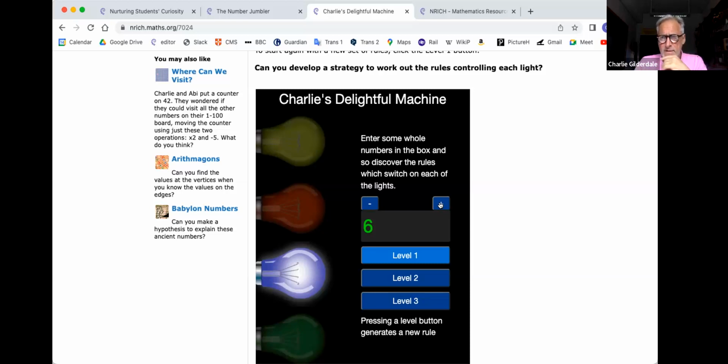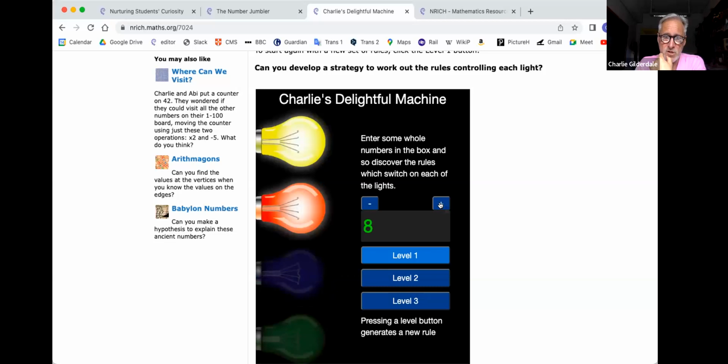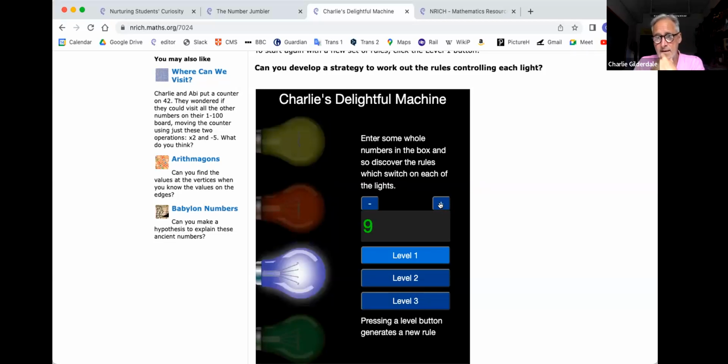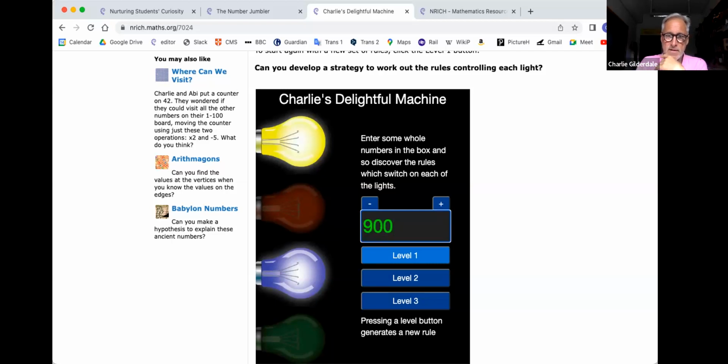So 3 did the blue and then 6 lit the blue. So it might just be that multiples of 3 light the blue. Let me just check. Yes. So 9, and I suspect 900 might light the blue, or 45. Okay, so that's good.